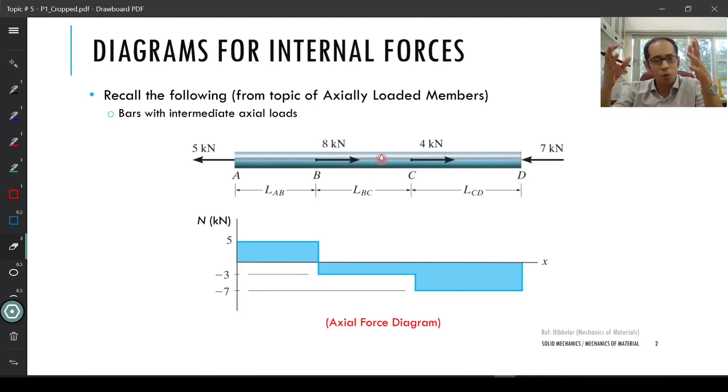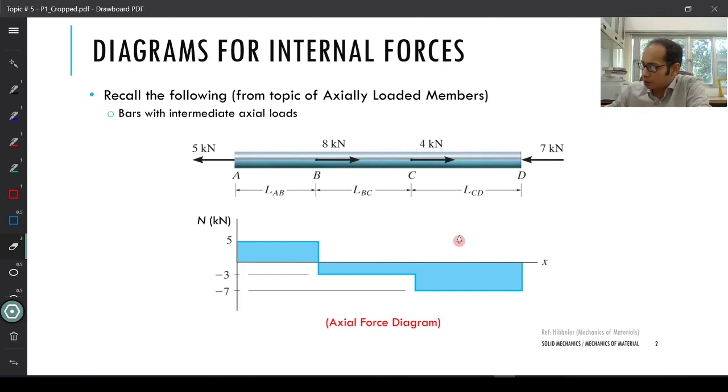The bar as a whole was in equilibrium because the forces on the right and the forces on the left cancel out each other. But while solving this problem, while calculating the overall delta or whatever you want to calculate, remember that we had looked at each of these individual segments between the points of discontinuities of the force. We had gone and drawn the corresponding internal force diagrams.